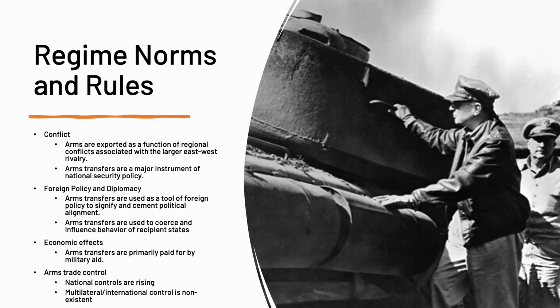So we see that national controls are rising, and even the power that the superpowers have over the arms transfer decisions of these smaller powers, which may ideologically and politically align with them, is rising here. So national control is rising for arms transfers all around the globe.